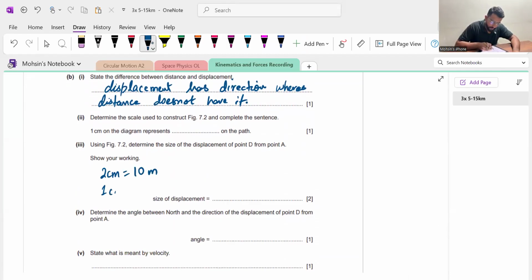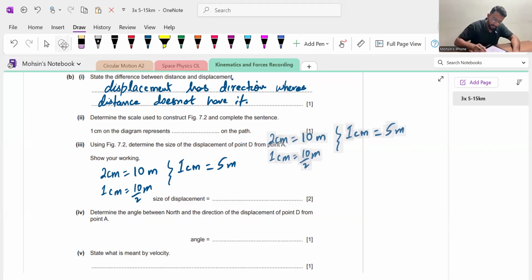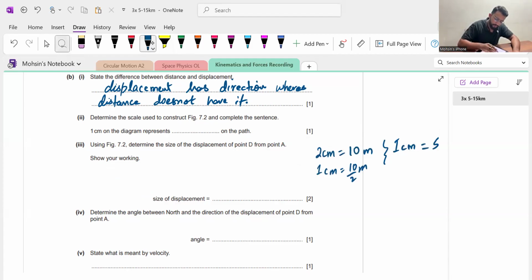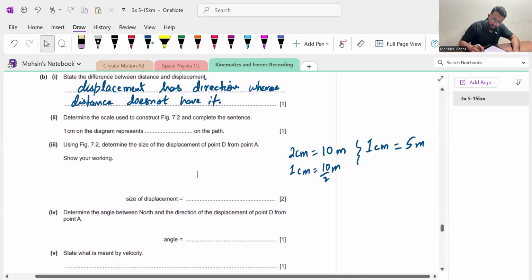So for 1 centimeter, 10 divided by 2 will give me 5 meter. So 1 centimeter on the diagram represents 5 meter on the path.